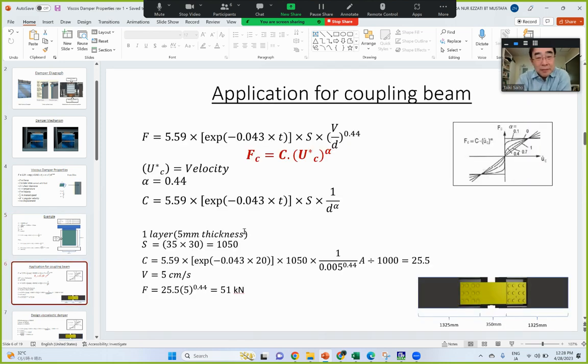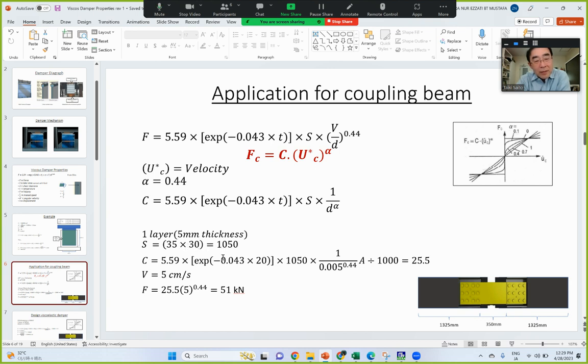Okay. And this one, I try to apply for beam size. So basically, the basic formula is Fc equals C, velocity, and alpha. And then I will try to find how much force they can attain by one layer. So basically, we just try one layer equal to 5 mm thickness of the fluid, and the area is about 35 times 30 centimeter.